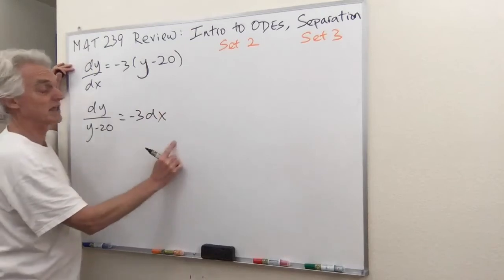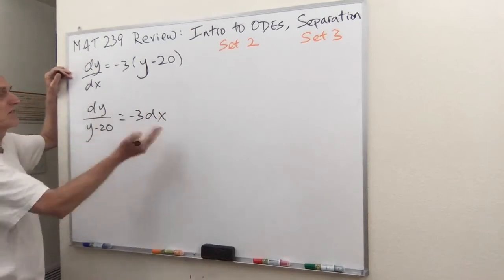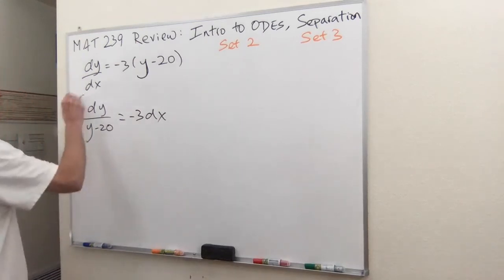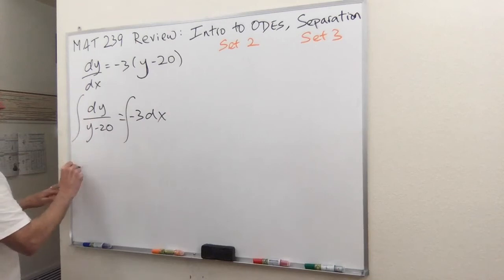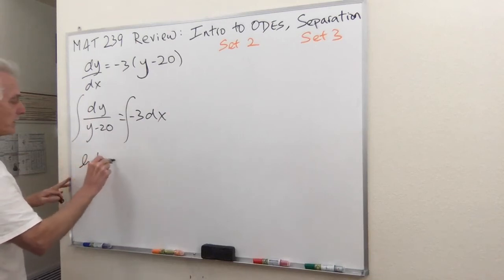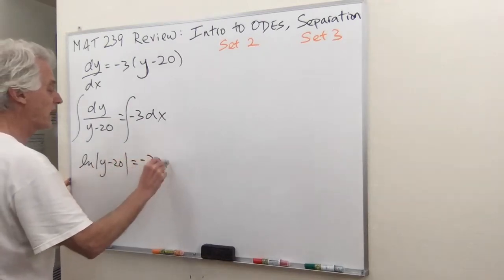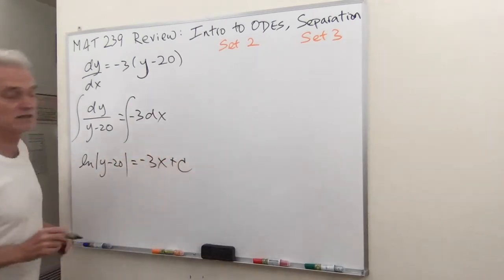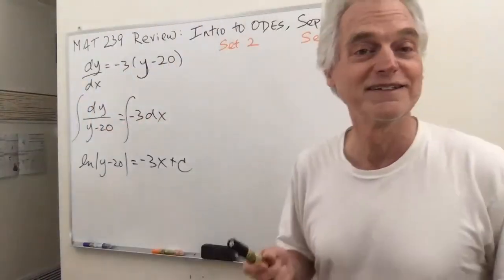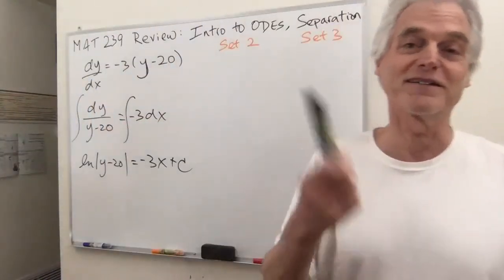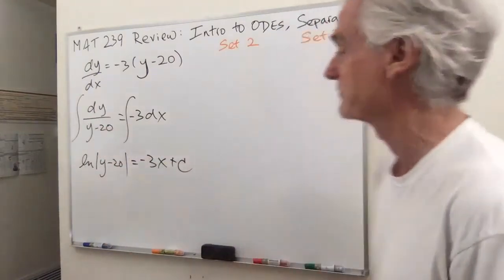This ODE is separated. All the y's are on the left, all the x's are on the right, so I can just integrate both sides, and I get natural log of y minus 20 in absolute value is minus 3x plus a constant. Okay? So actually, along with the chain rule, which is the most important thing about differentiation, that's probably the most important integral, the one I did on the left.